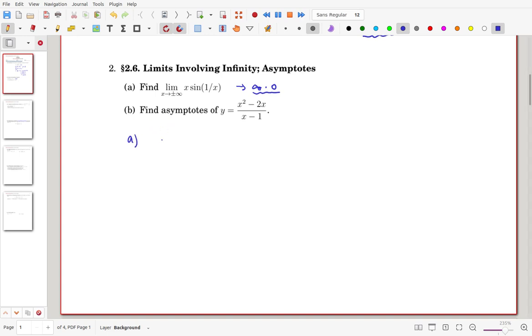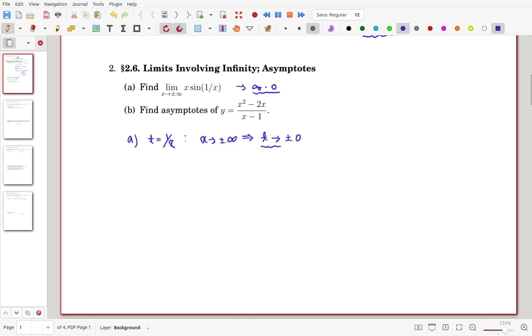For this problem, we may start with a change of variable, t equals 1 over x. Then x approaching plus or minus infinity is the same as t approaching 0 from either side.